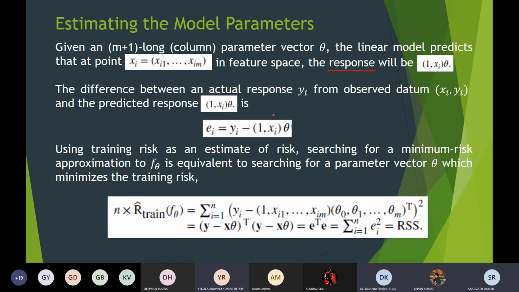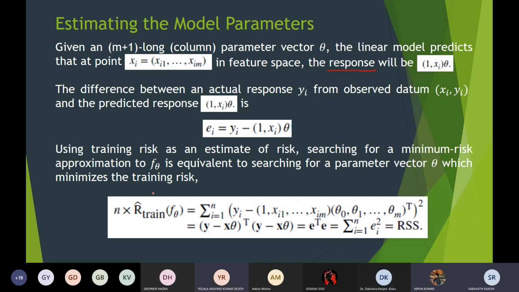So we are subtracting the approximated outcome from the actual outcome, and then we get this error. The error function is defined over the deviation between the actual value and the predicted value.